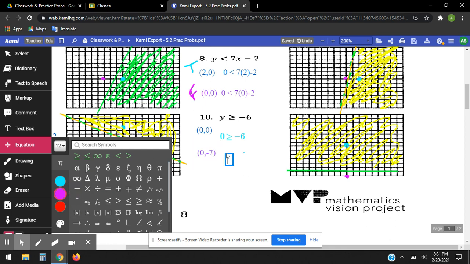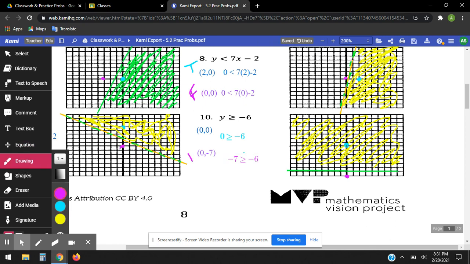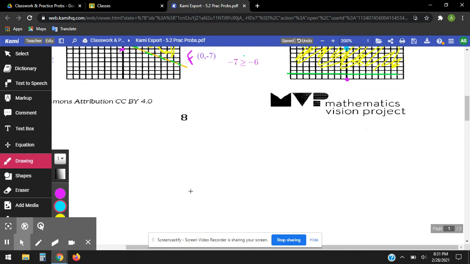So this one is saying x is 0, but y is negative 7. So negative 7 is greater than or equal to negative 6. Is that true? It is not. So we have our false one here and our true one here. All right, let's keep going.